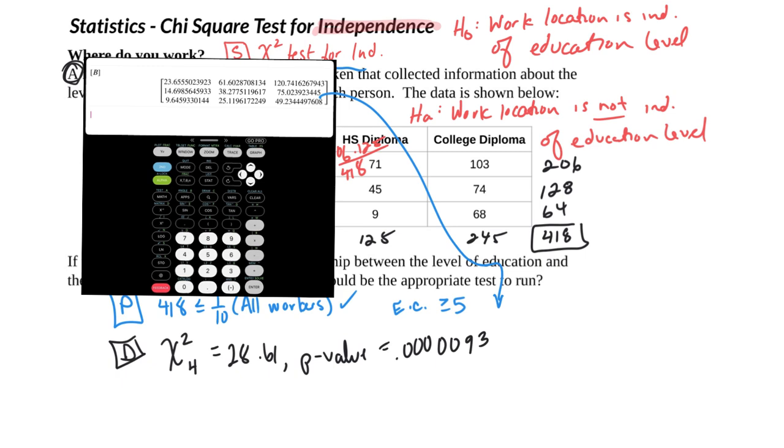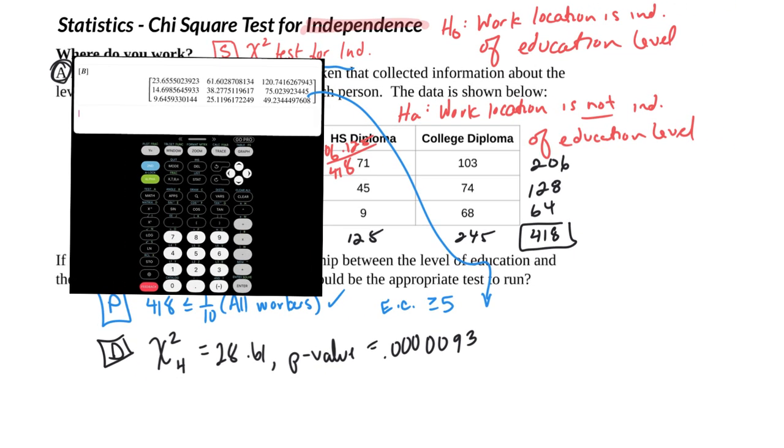Let me real quickly explain. We always take the number of rows, in this case 3 rows, and subtract 1. We take the number of columns and subtract 1. So we were down to 2 rows, 2 columns, and we multiply: number of rows minus 1 times number of columns minus 1.